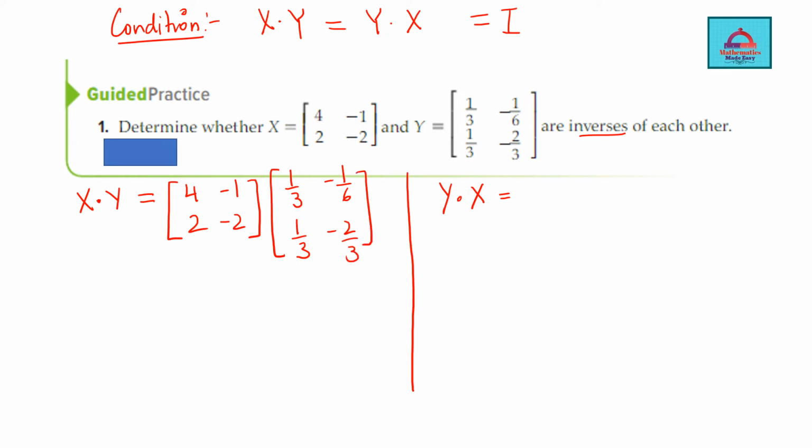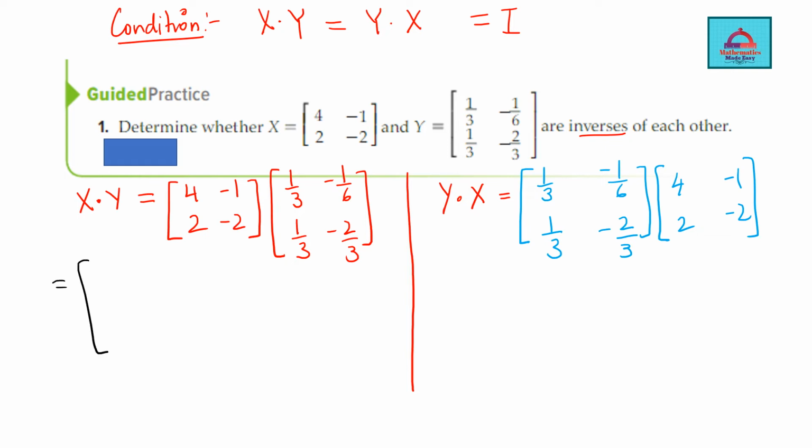However, the difference for Y with X is that first your Y matrix is going to come. I've just changed the color to make you realize the difference, multiplied with the first one, 4, 2, minus 1, minus 2. Okay, so let's start with the multiplication.